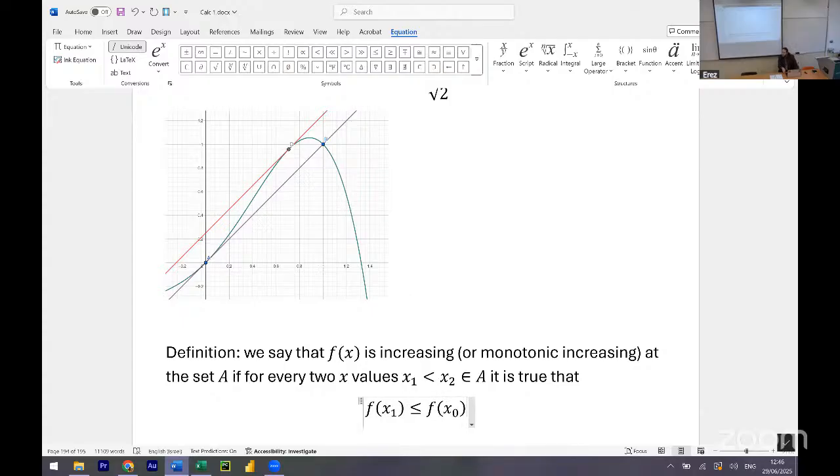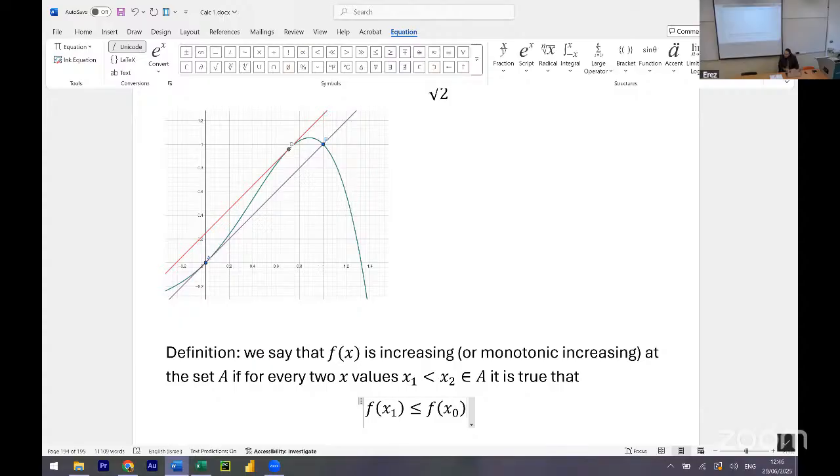We can even say it under set A. And you have a set where it is increasing. That's like the segment if you prefer, right? Yes, exactly. We want to say like it's an area.